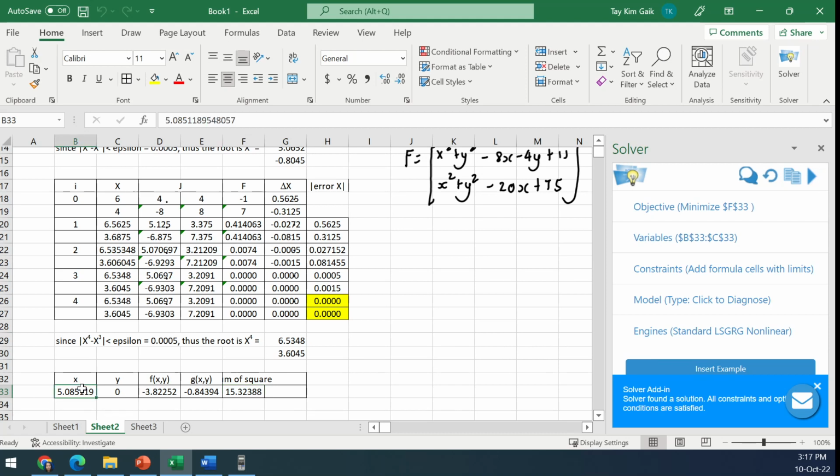Let's say if I put another root, 64, then ask it to solve again.